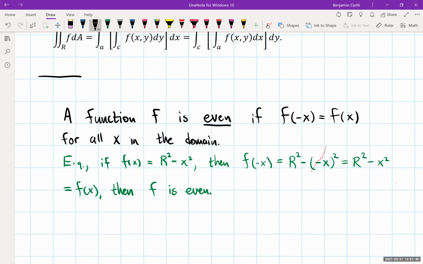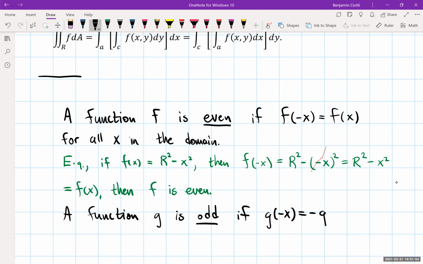Let me give you the definition of odd, because the two go hand in hand. A function, let's call it g, is odd if g of negative x is negative g of x.